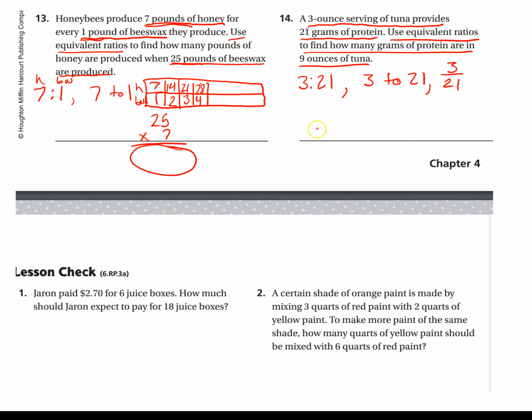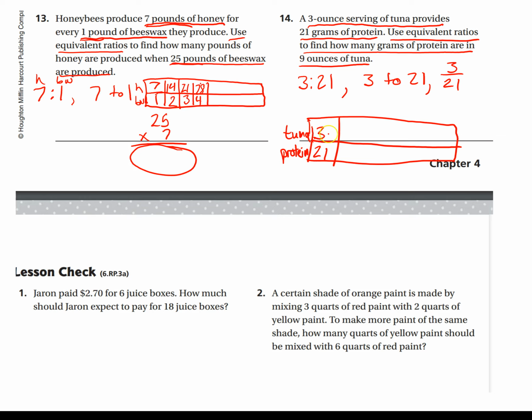Okay, so again, I'm going to make a chart. This is tuna, and this is grams of protein.